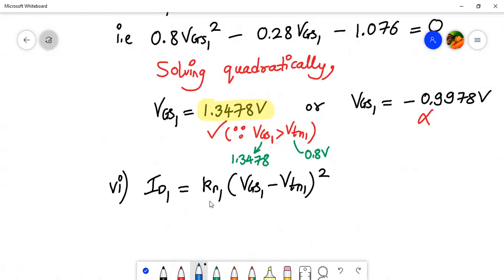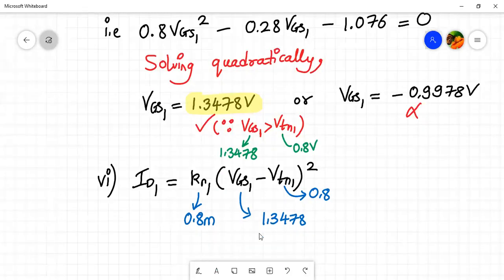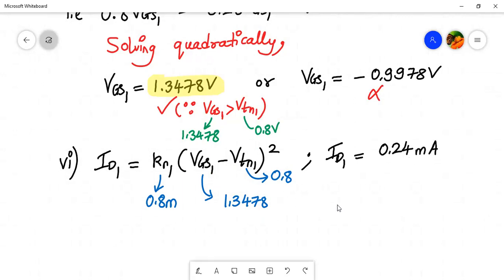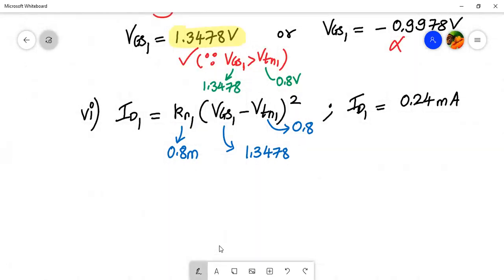So over here we have the value of KN1 as 0.8 milli, VGS1 as 1.3478, and VTN given as 0.8, right? So if you substitute all the values in the calculator, ID1 is coming out to be 0.24 milliampere.